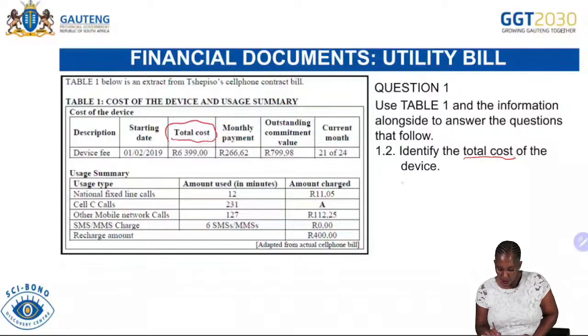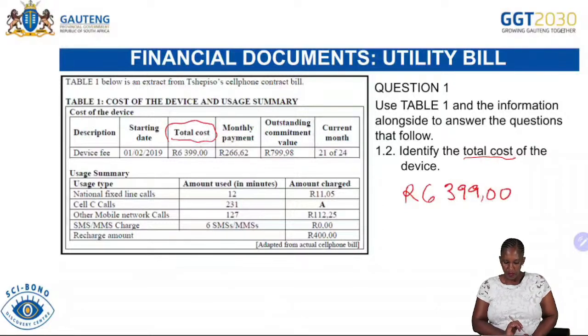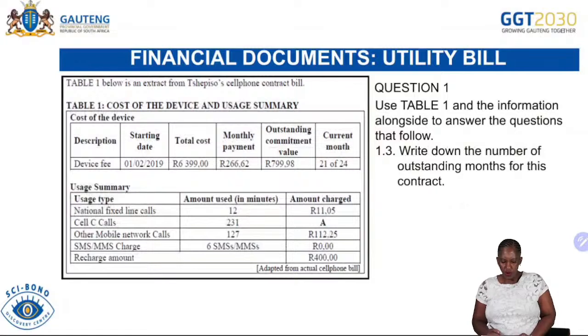And how much is that total cost? It is 6,399 rand. That is the total cost of the device. So can you see, boys and girls, it's so easy because the information is there. Let's go to the next one.